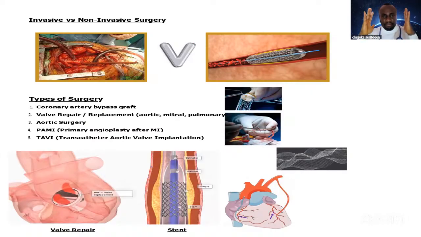Due to advancement in medicine these days, you can find some procedures that are minimally invasive, not the traditional ones. This first picture here is an open heart surgery: open the sternum, open the thoracic cavity, the surgeon looking directly into the heart, doing their work, which is good.